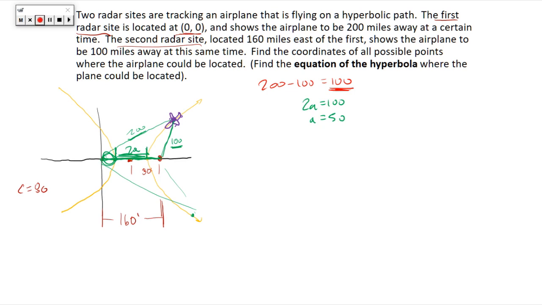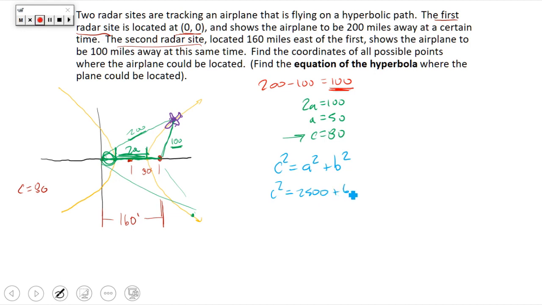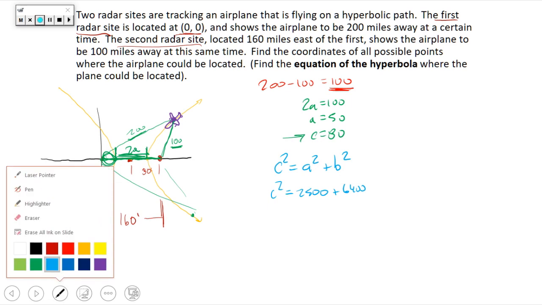We know that c was 80 from before, which means now we can find b, because for a hyperbola, c squared is equal to a squared plus b squared. Wait, we have c squared. What am I doing? We want b squared.